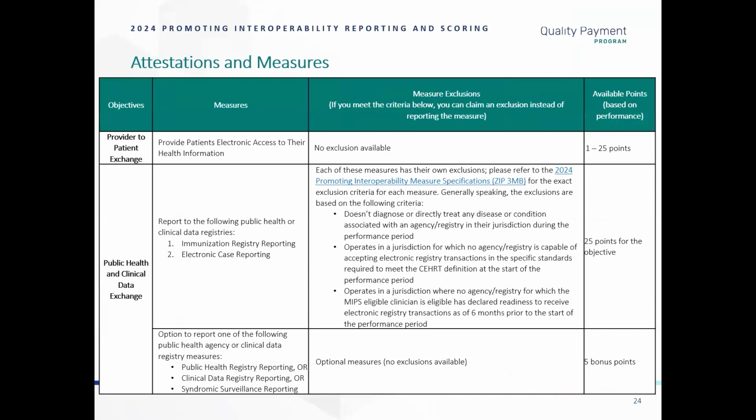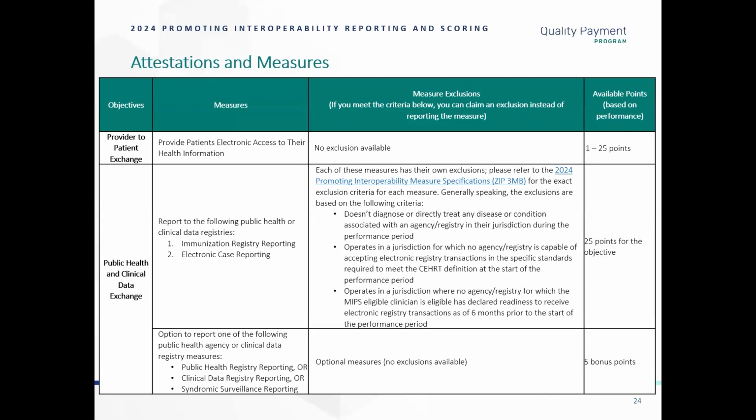So, provide patients electronic access to their health information. There's actually no exclusions for that, but it is a numerator and a denominator measure. So you need to have a numerator, again, greater than 0. It must be at least 1. For the public health, there are 2 required measures, the immunization registry reporting and the electronic case reporting.